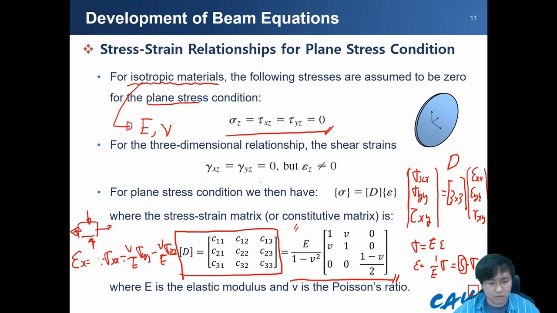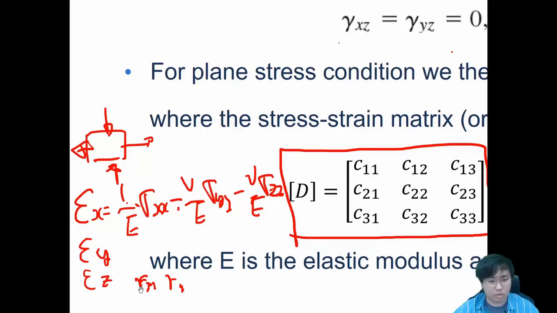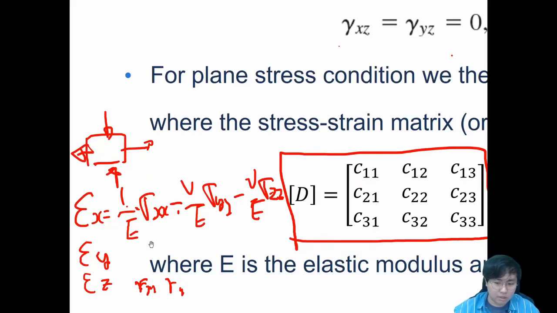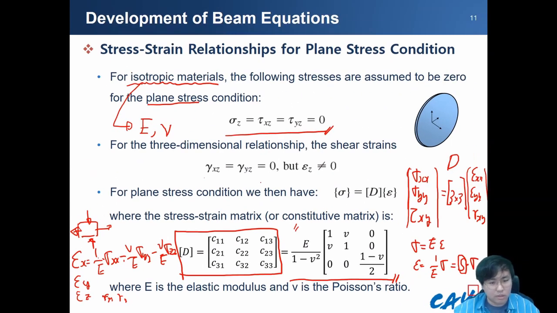So here S is equal to this, and then similarly you can also obtain those kinds of relationships in the y direction or the shear strains xy and yz, and so on. At that time, for plane stress, we assume that all stress related to the z direction is equal to 0.